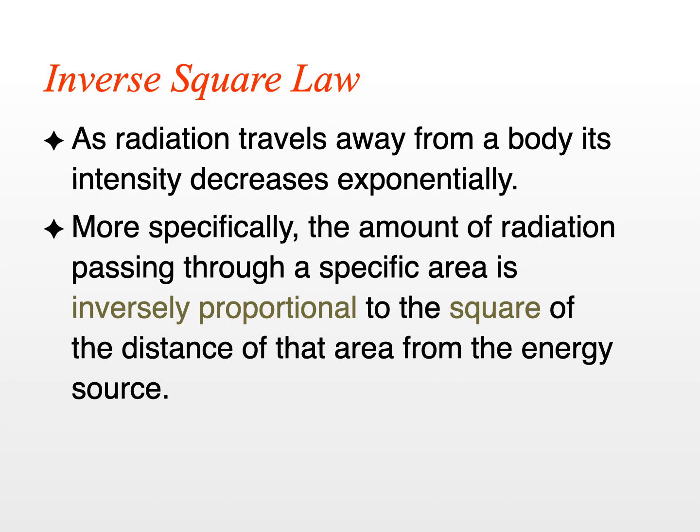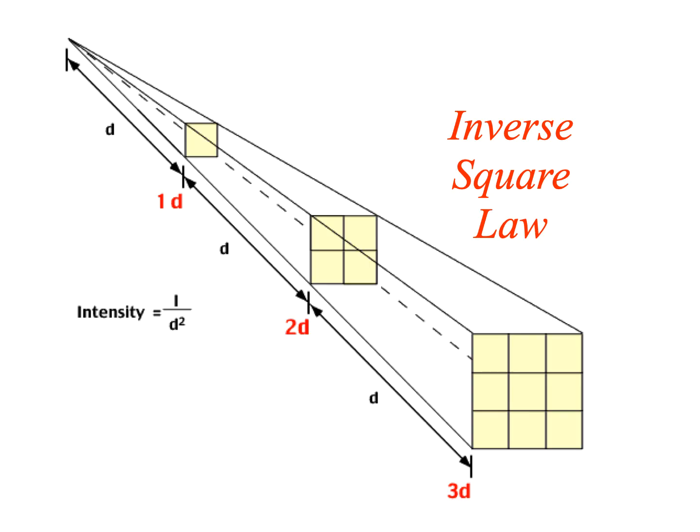We can describe this quite simply with a graphic. So here we have a beam of light beginning at the top left-hand corner, and it travels three distances, and you don't have to worry about what that distance is, but they're equal. There's distance 1.